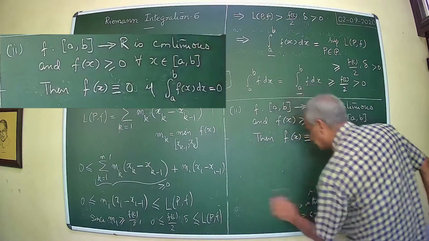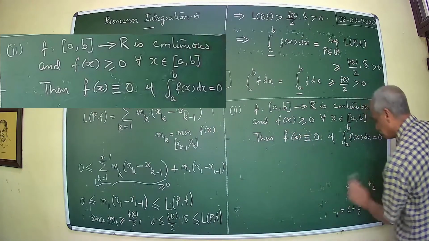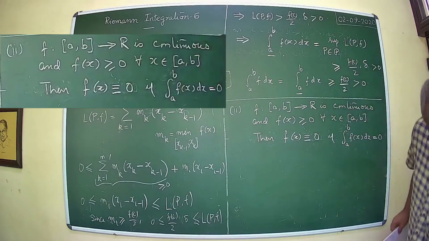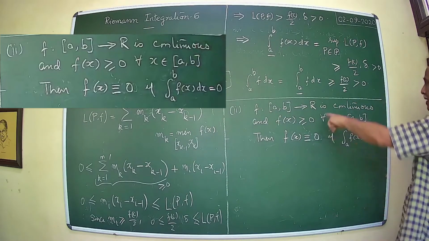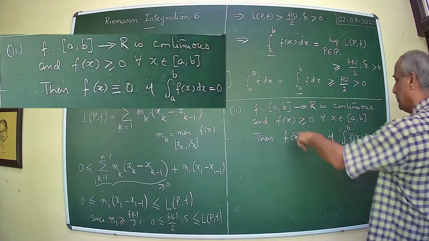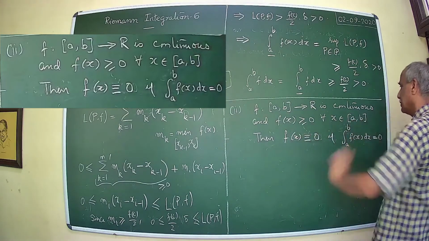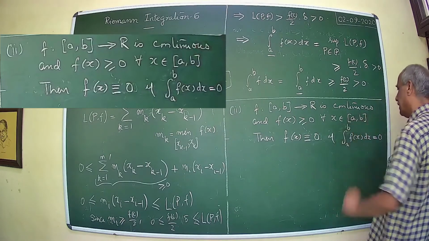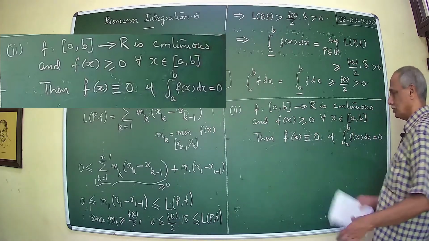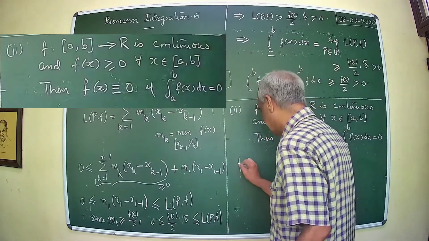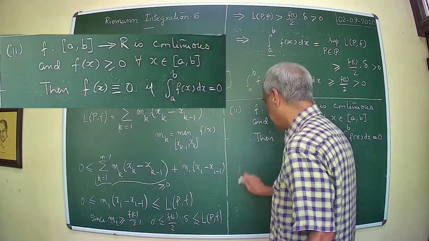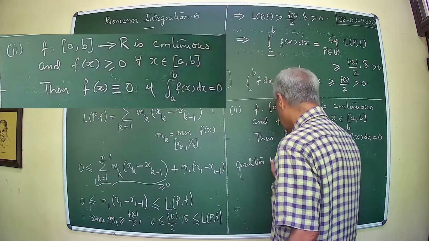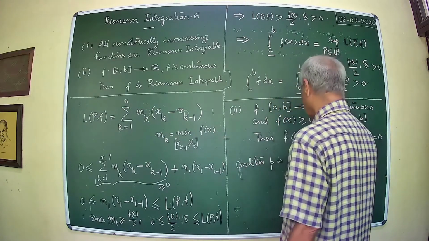How do we construct a proof of this? What are the conditions? f is continuous and f is greater than or equal to 0 for every x belonging to [a,b], and we also have the integral from a to b of f(x) dx equal to 0. So our condition P is three things.